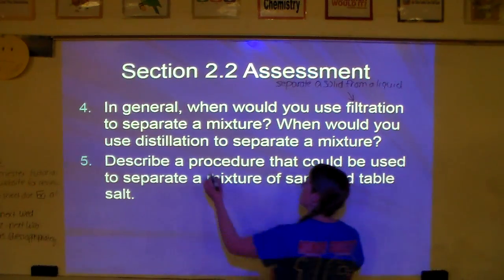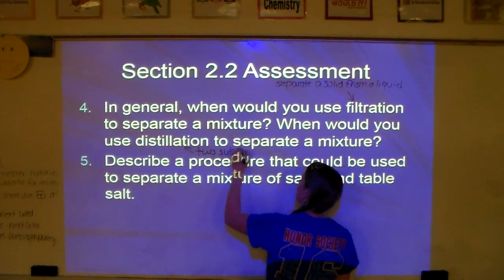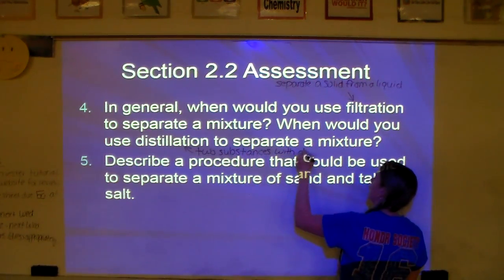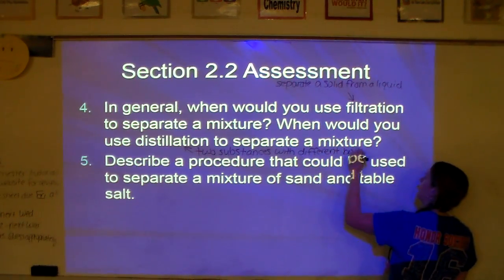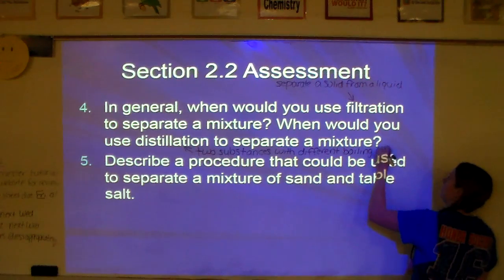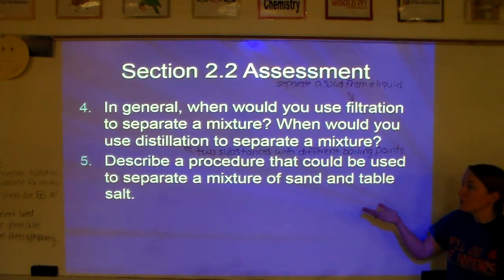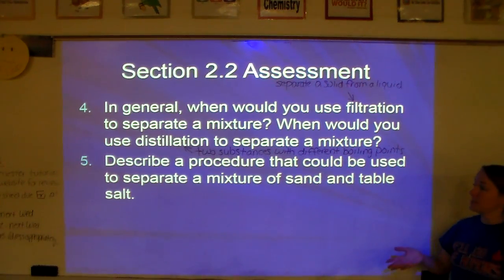So for distillation, we'll say two substances with different boiling points. Again, it could be a solid and a liquid, it could be multiple liquids. As long as you have that difference in boiling point, you can separate them.